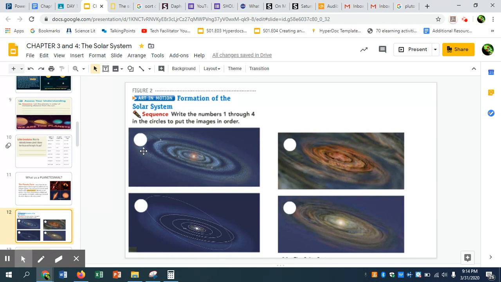Still lots of debris. Probably this is a time where Earth and Moon and all the planets are bombarded every day by meteors. And that's why we have craters on all these moons and planets, and no life existed yet in the solar system. And then number 4, this is what we look like today. So you can really see we don't get a lot of collisions anymore from meteors.